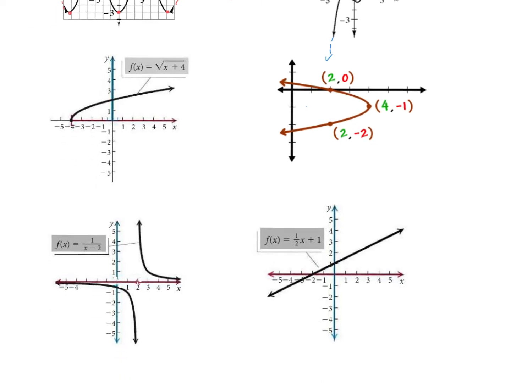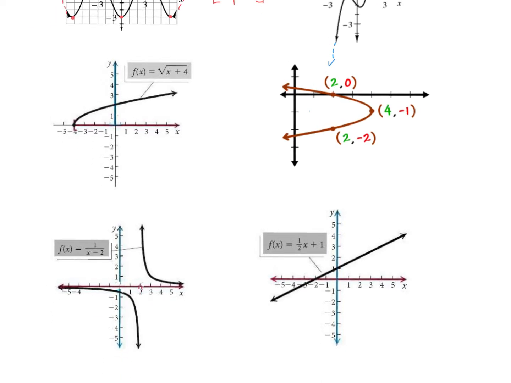Now moving on to this next one, we notice that at the end point, we have a solid dot here. That means that's going to end. So when we're looking at our x-axis, as we follow along, the first time we even have an x value is at -4. So our domain is going to be from -4, and then based on the arrow, to infinity.